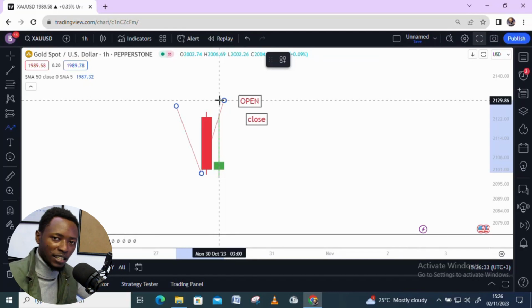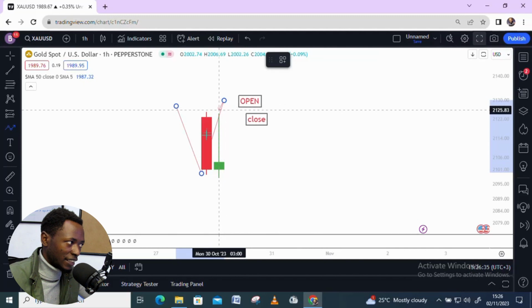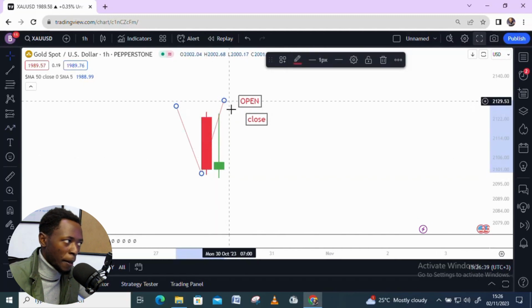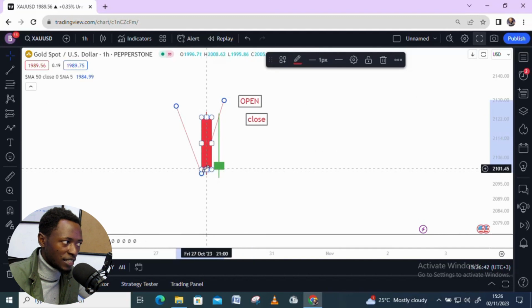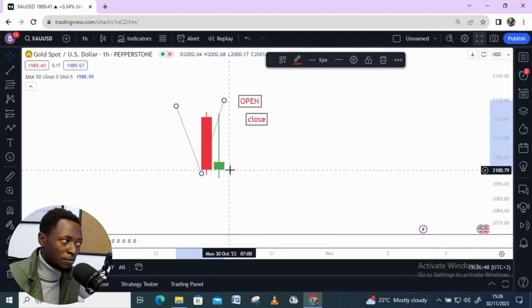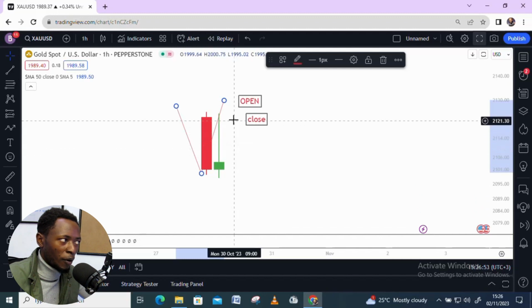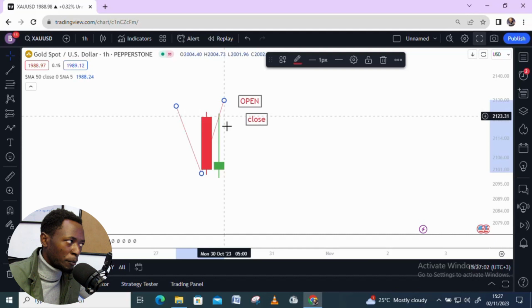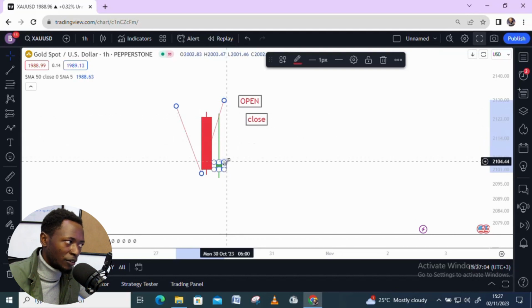An inverted hammer simply means that price closed lower, buyers took the market from down here and bought all the way up, but before the close of the period, might be 1 hour, 1 day, depending on what time frame you're trading, sellers closed it all the way down.